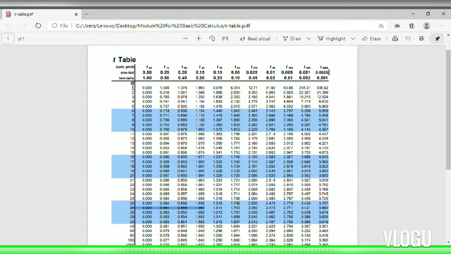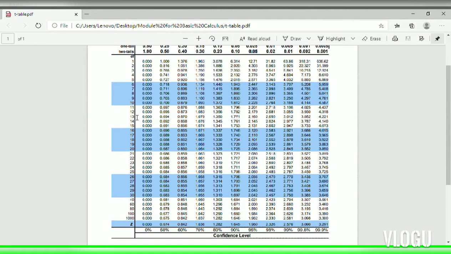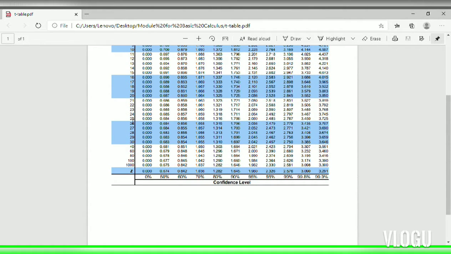As you can see, our df is 25, our tail is 2 tails, and our alpha is 0.05 here. So the intersection between the 0.05 and the 25 df is here.